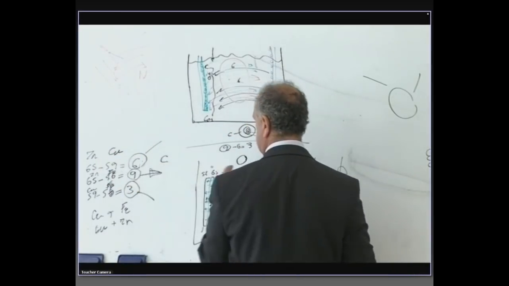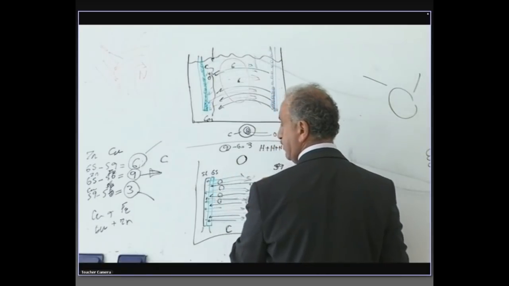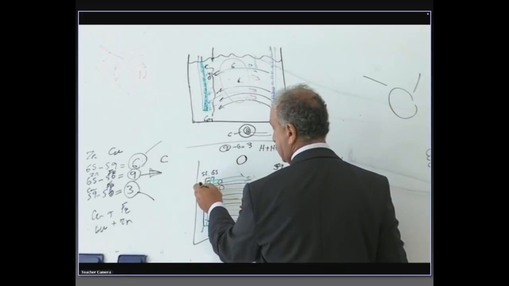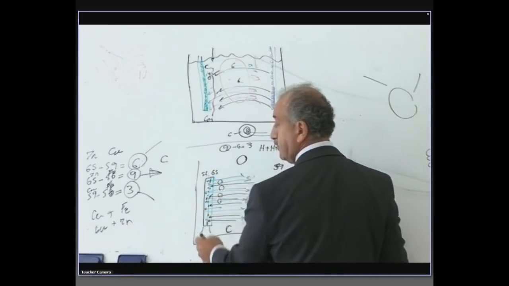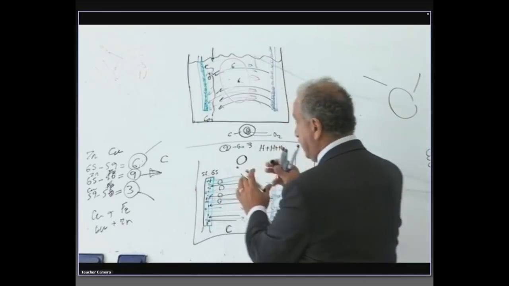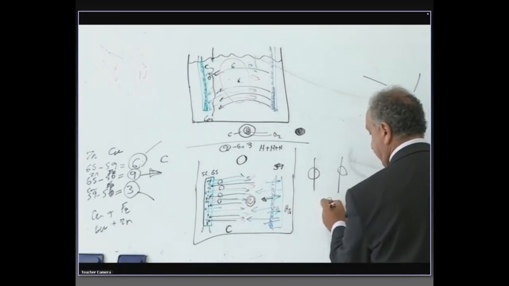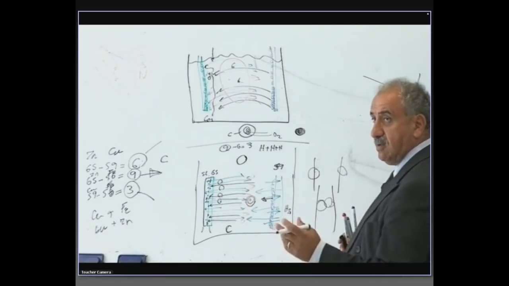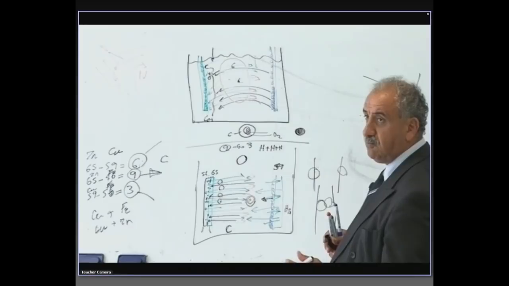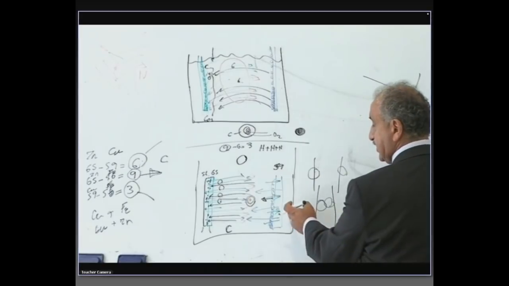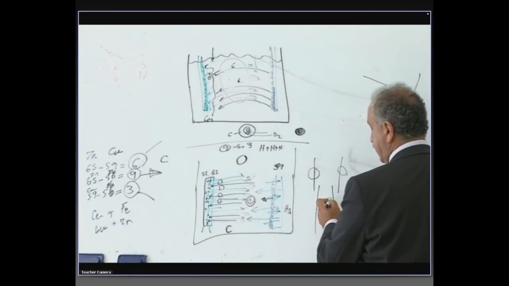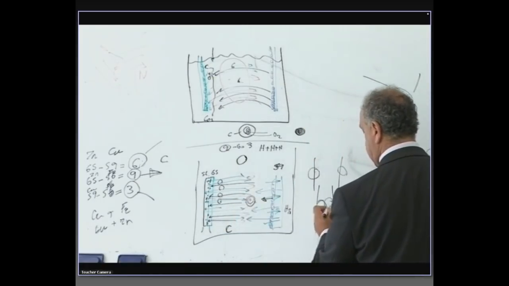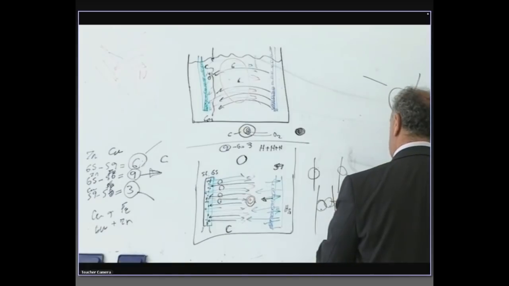The plate decides which position. The maximum field sits somewhere here. But now, even the maximum field is two fields superimposed in the coated metal. It's the field strength of the copper which pulls this one to the center here and pulls this one to the side here or there.